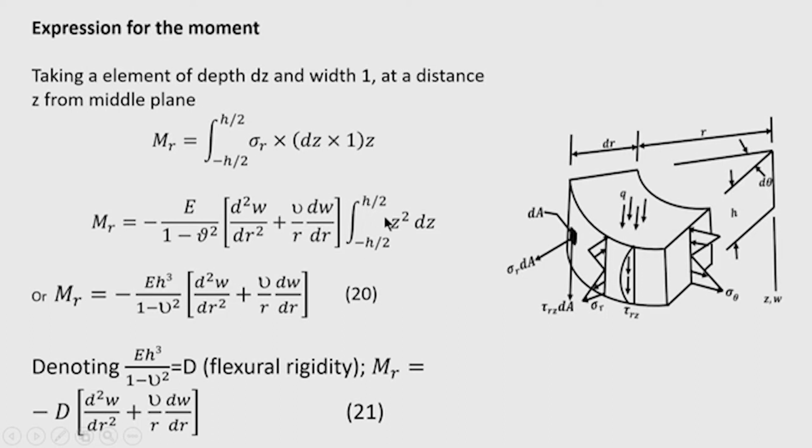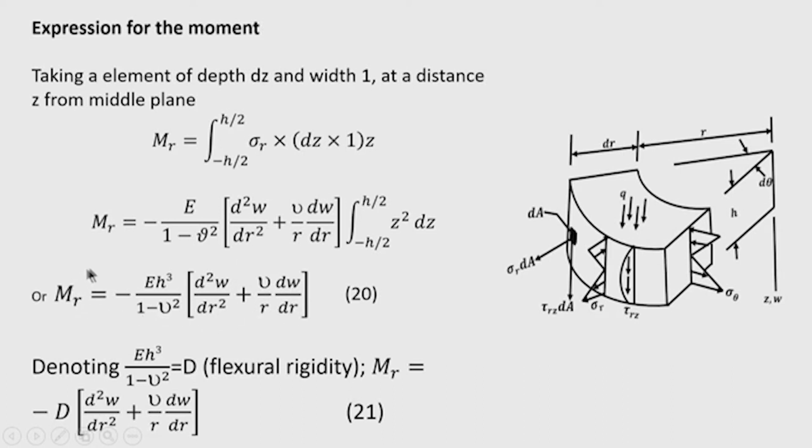After integration and arranging some terms, it will be converted to this form: minus E h cube divided by 1 minus mu square, and inside the bracket the curvature d square w by d r square plus mu by r d w by d r.